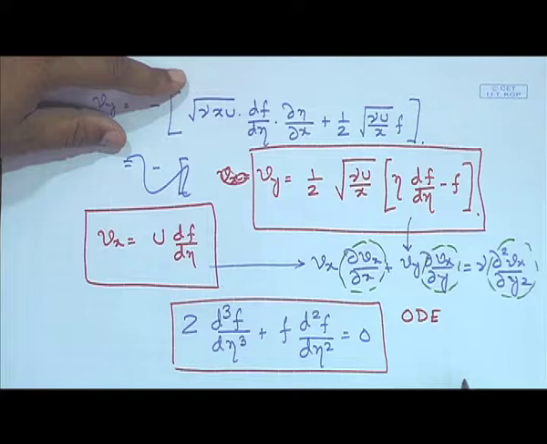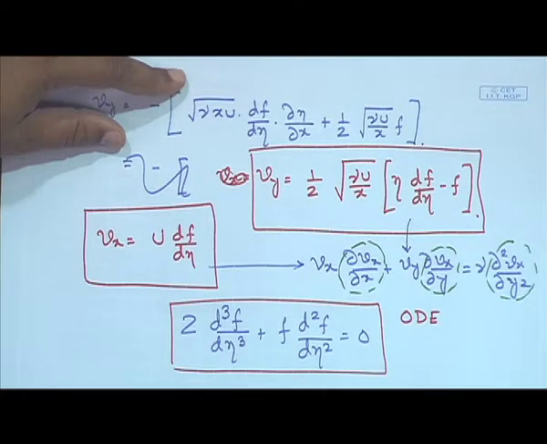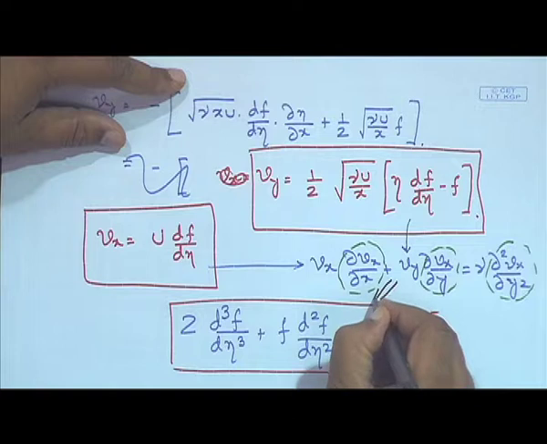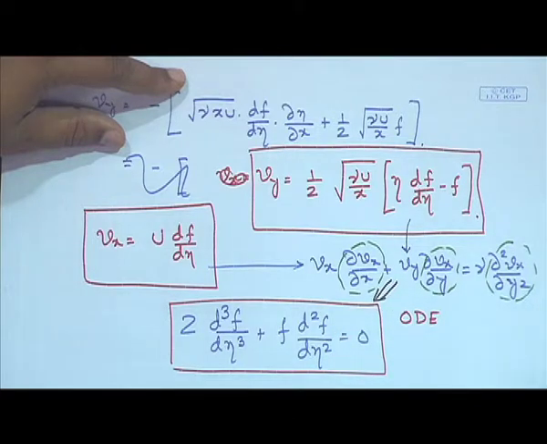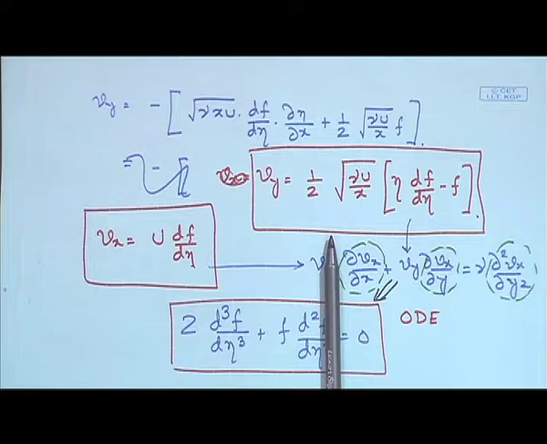So we are successful in transforming this PDE to an ODE by invoking a stream function, through the use of a combination variable eta that contains both x and y, and a judicious selection of the expression of eta from an order of magnitude analysis enables us to convert the PDE to an ODE.